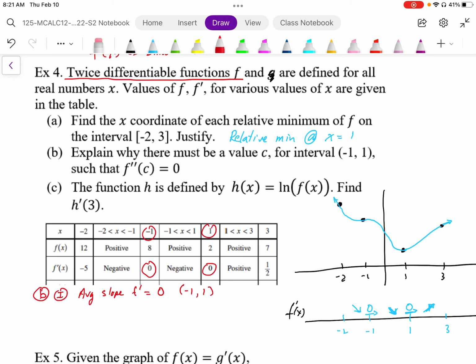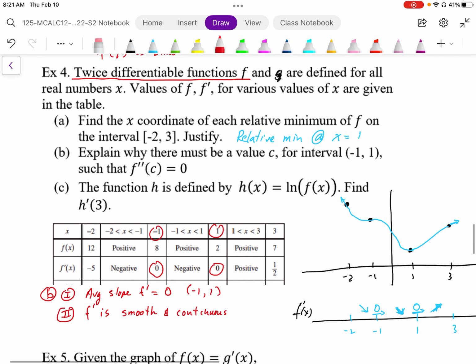The second part is, I know that the f prime graph is smooth and continuous, because of the twice differentiability of the f function. Since it's smooth and continuous, I now have the condition to apply the mean value theorem.